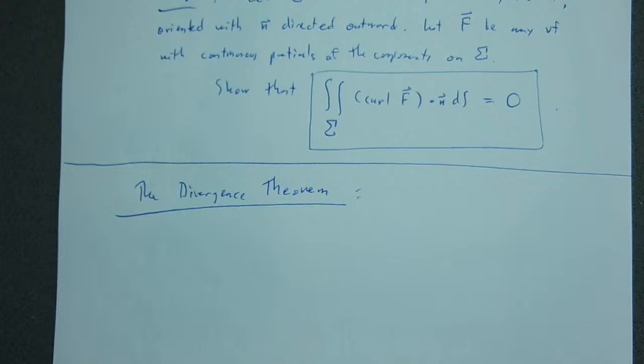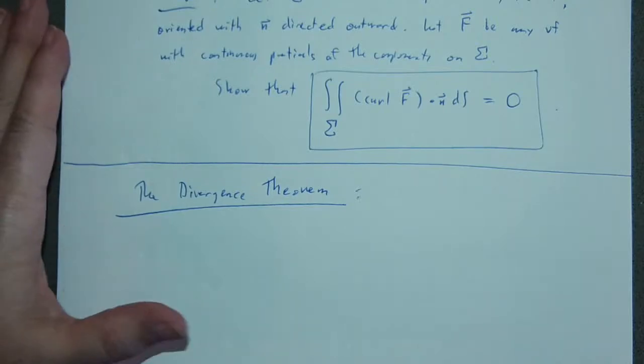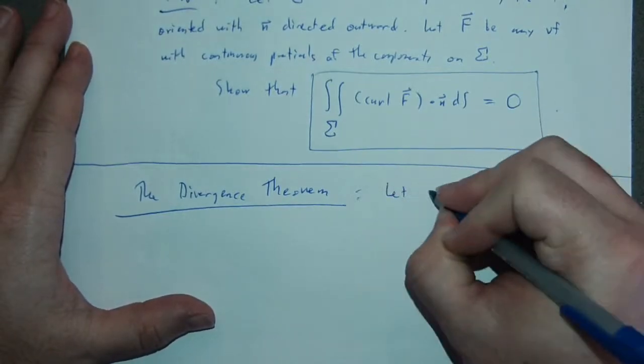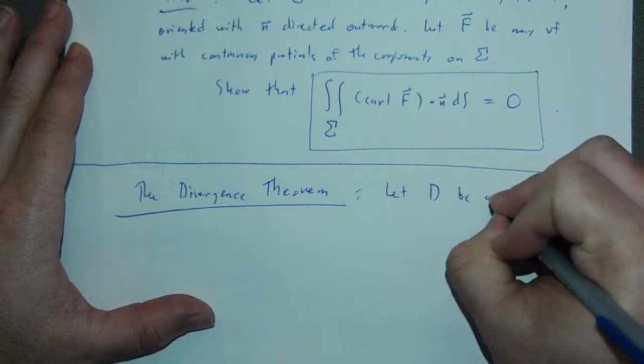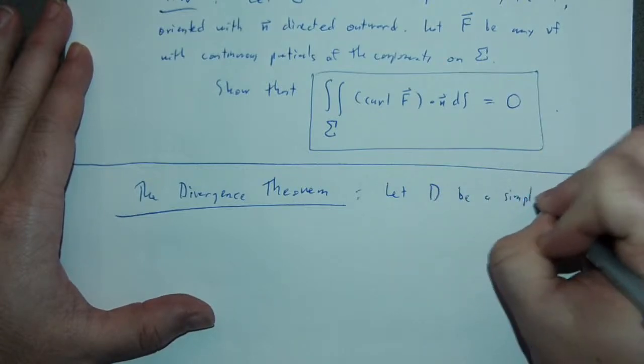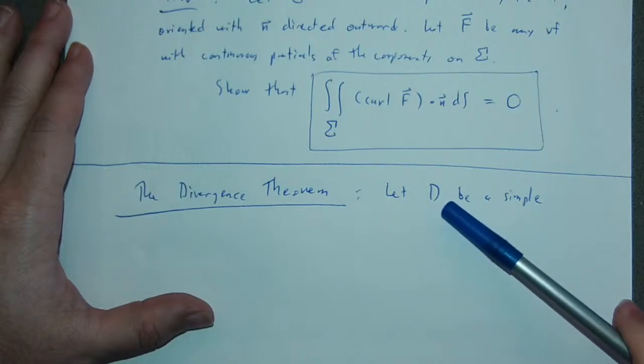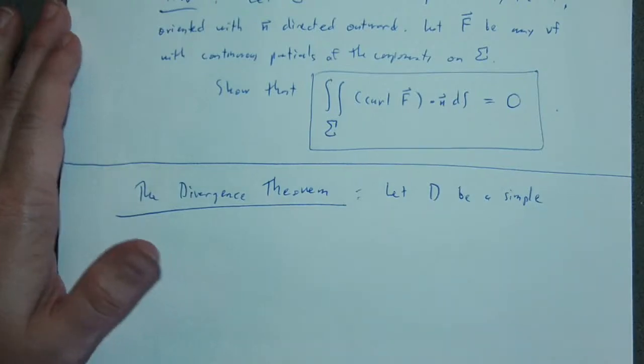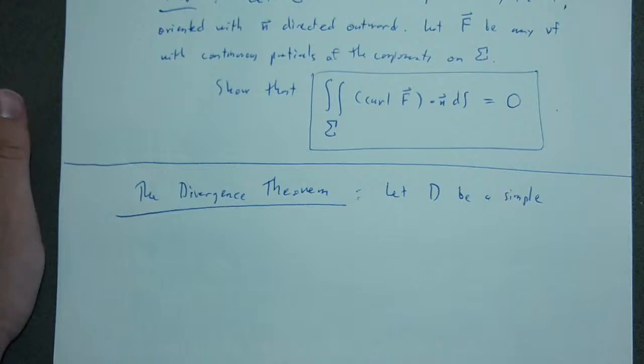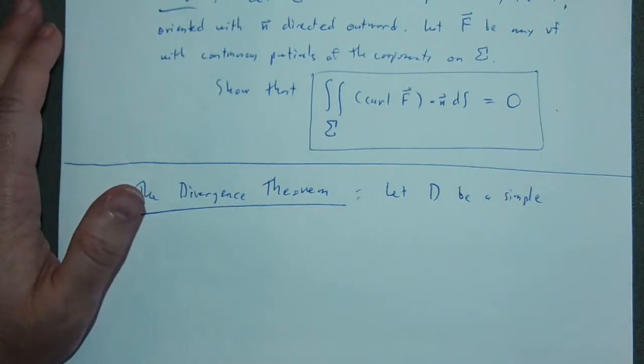So what is the setup in the divergence theorem? Let D be a simple region. This is simple in the same way that the regions D that we did triple integrals on were called simple. Those same exact regions D that we were triple integrating on, we called those simple, and those are the only ones we did.